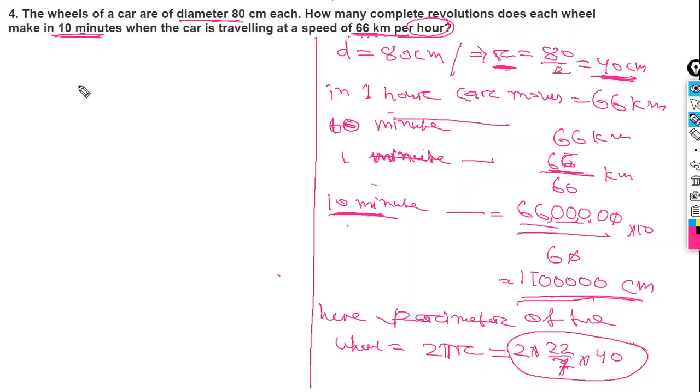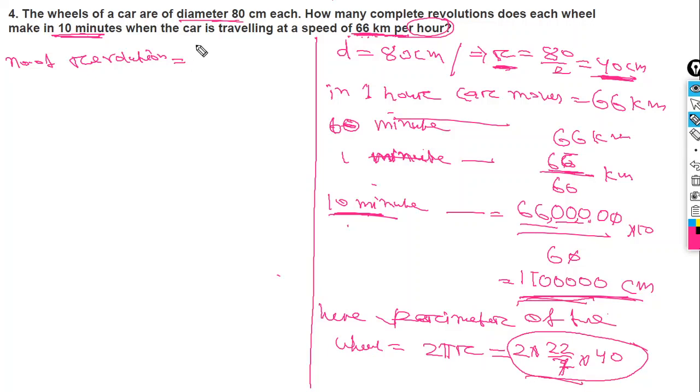Now number of revolutions we have to find. So number of revolutions will be equal to total distance the car moves in 10 minutes divided by perimeter of the wheel. So this much divided by this much.